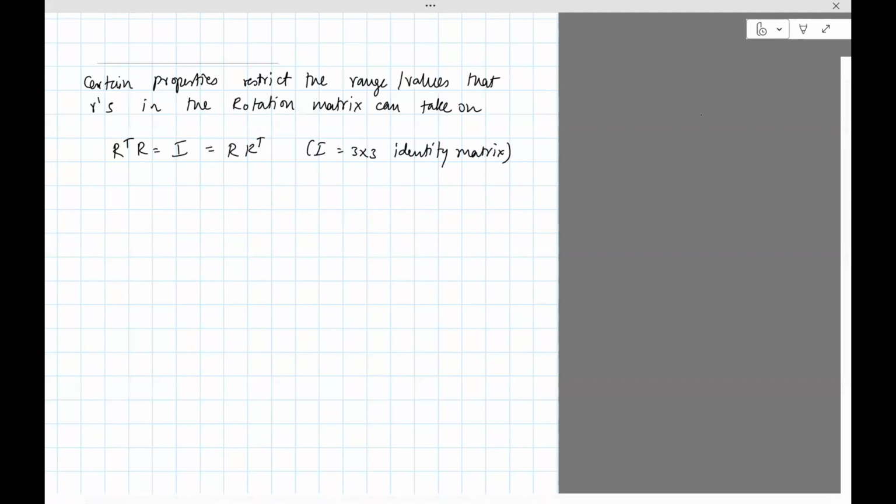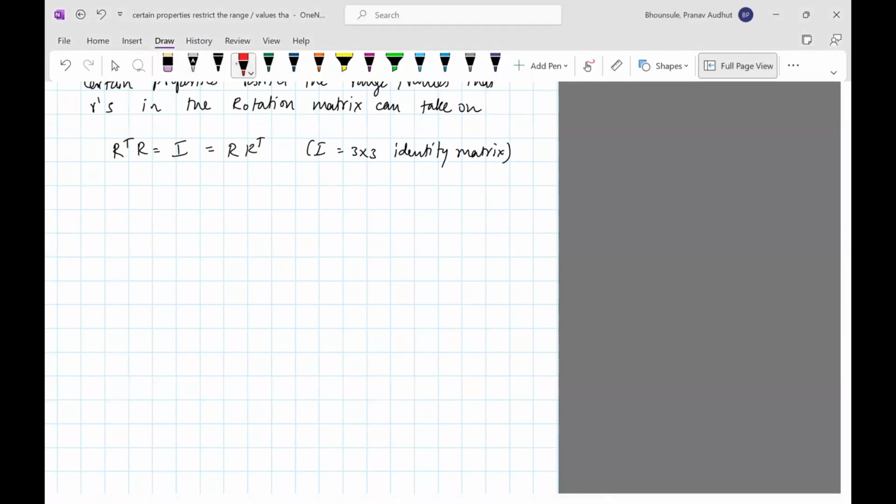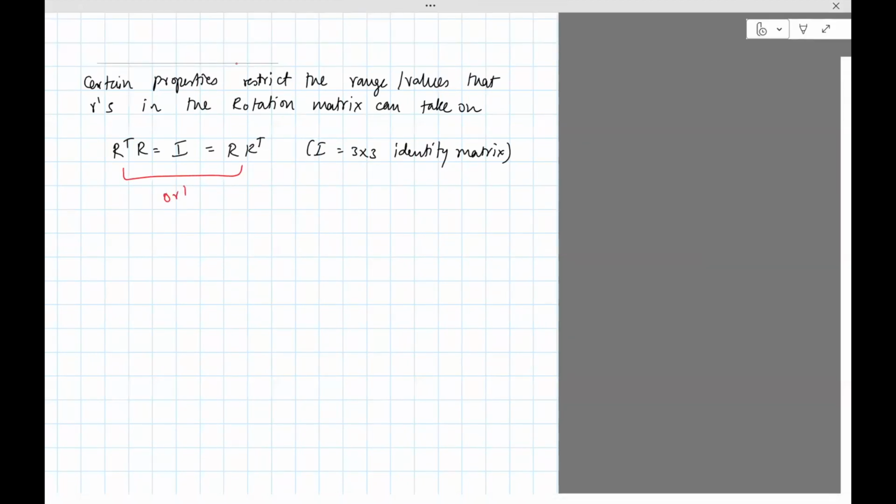This property, R transpose R equals I, is actually the property that these rotations are orthogonal. Well, sorry, my bad. This is not orthogonal. This is the scale to 1.